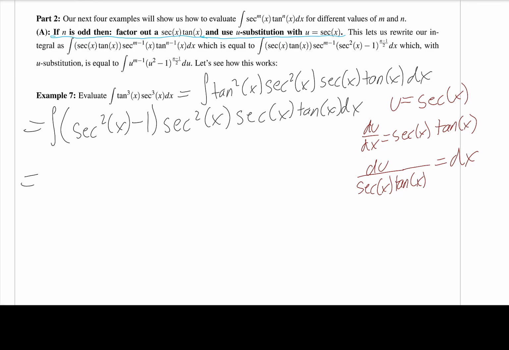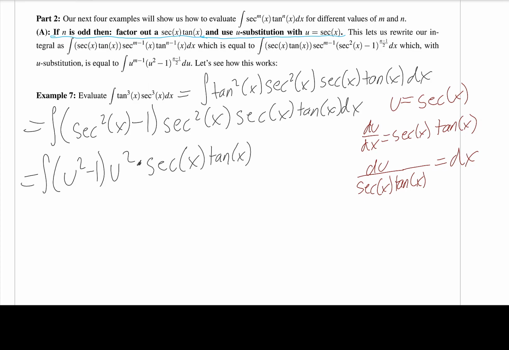Okay, let's make that substitution. So this becomes the integral of, u is equal to secant of x, so this is u squared minus 1 times u squared, times, now this part right here I am not going to mess with. The reason is that it's going to cancel out and do all sorts of pretty stuff.